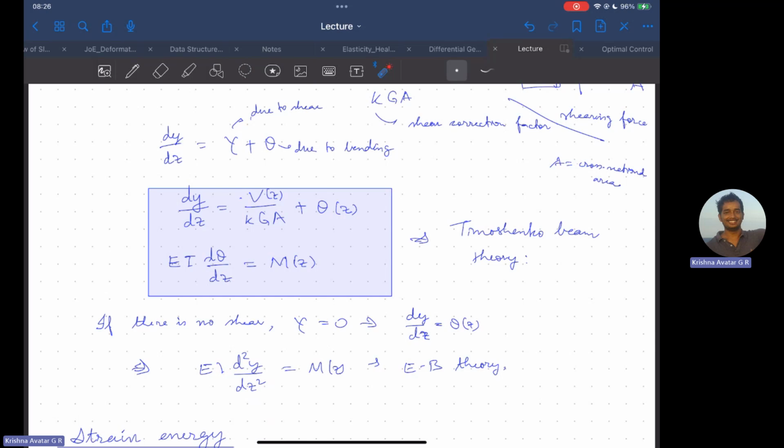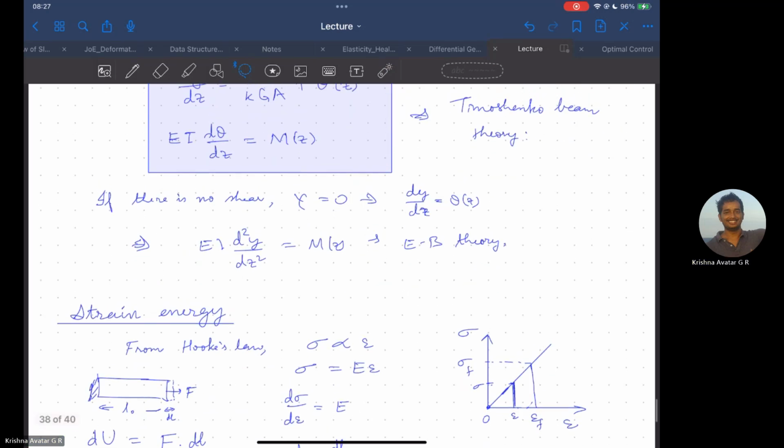These two equations form the Timoshenko beam theory. Now if there is no shear, which gives gamma equal to 0, then dy by dz is equal to theta of z, and then we see that we are able to reduce the Timoshenko beam theory to the Euler-Bernoulli beam theory.